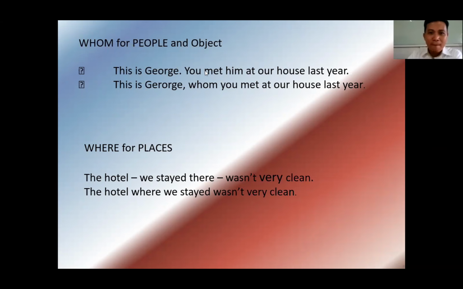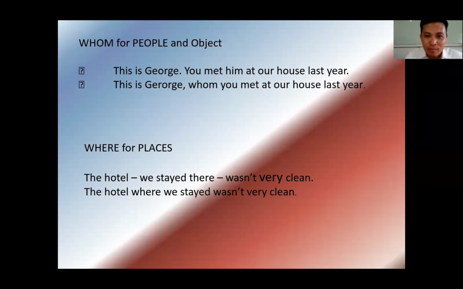The subject is you, met is the verb, and him is the object. The object here refers to George. In the adjective clause, we don't need to use him again, because it is replaced by whom. So the sentence becomes: This is George, whom you met at our house last year. You don't need to say "This is George, whom you met him." No need for him again because it's already replaced by whom.